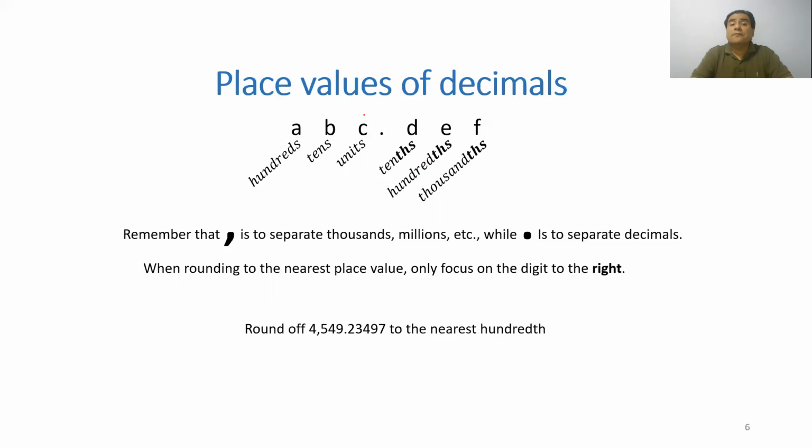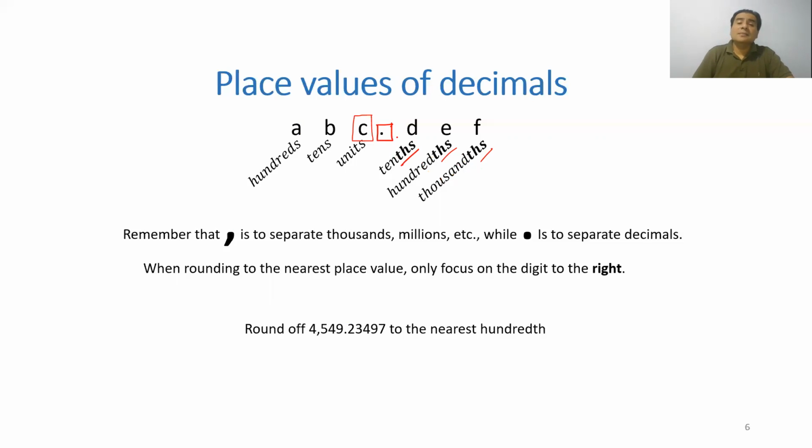For example, the first position to the left of the decimal point is called units, the second is called tens, hundreds, thousands, etc. To the right side of the decimal point, you have tenths, hundredths, thousandths, and notice the suffix TH here, ordinal numbers, so they are decimal positions.